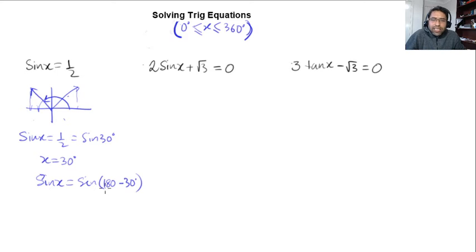So by doing 180 minus 30, we are in the second quadrant. Now you can see that x equal to 180 minus 30, which is 150. So we have two solutions: one is x equal to 150, and another one is x equal to 30 degrees. So these are the two solutions for this problem.